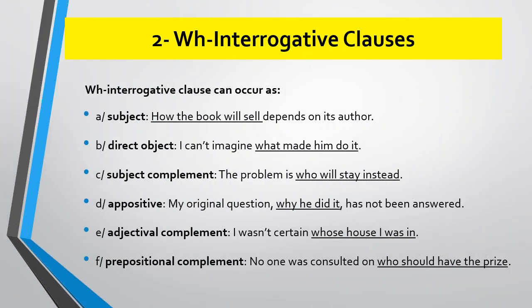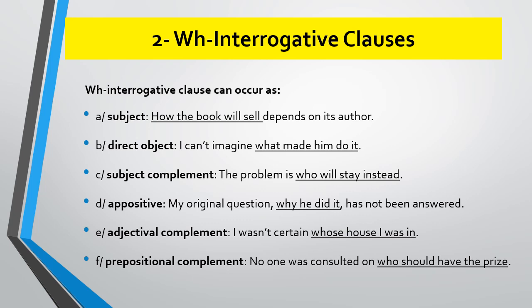The second type is WH interrogative clauses. So what is the clue for this type? It is the WH interrogative article itself. So we have a question article here that begins the nominal clause.